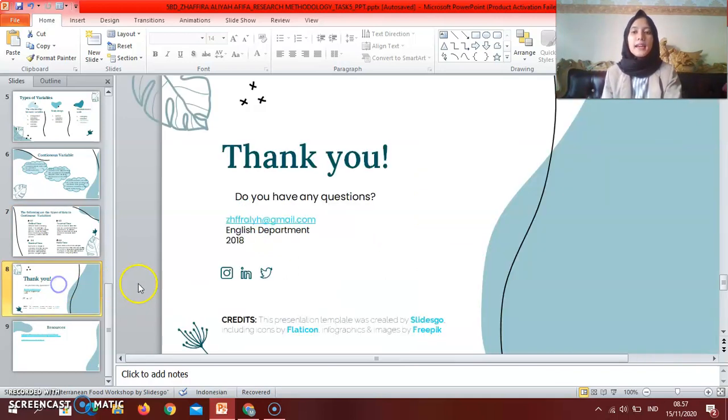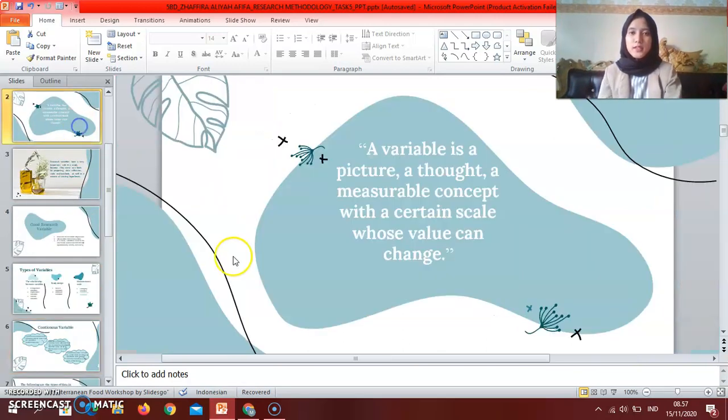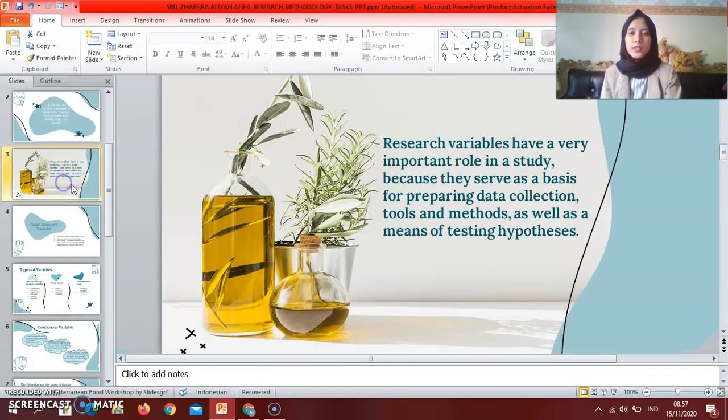So before I end my presentation, I would like to conclude about variables. The conclusion is a variable is a picture or a concept with a certain scale whose value can change, that is used in research to serve as a basis for preparing data collection.